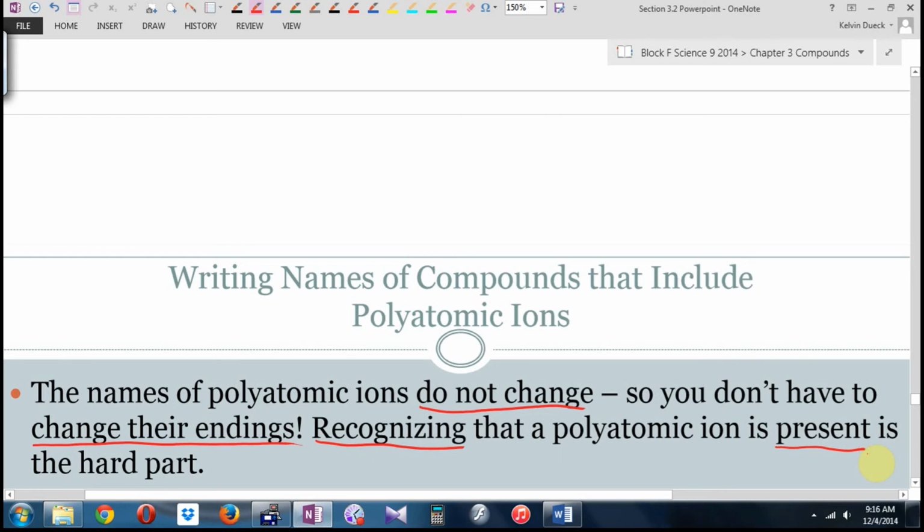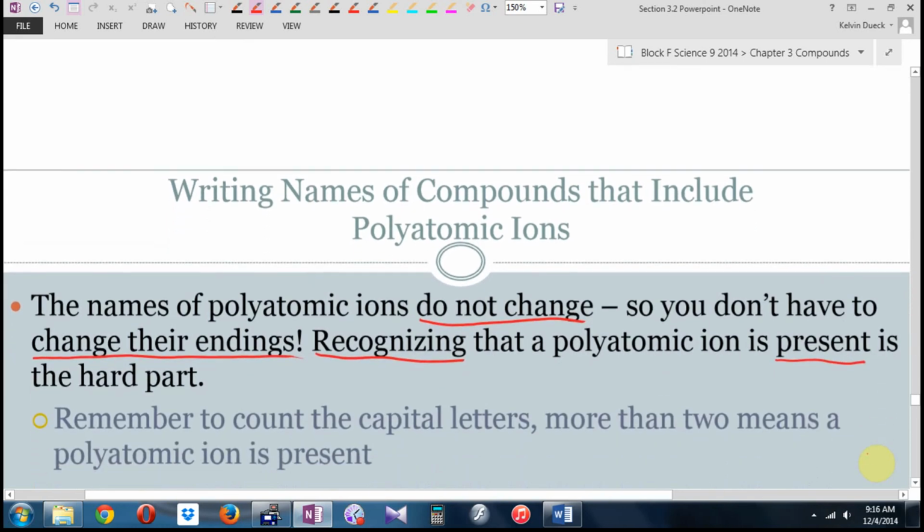But I just kind of gave you a trick. How many capital letters? So I wrote, remember to count the capital letters. More than 2 means a polyatomic ion is present.